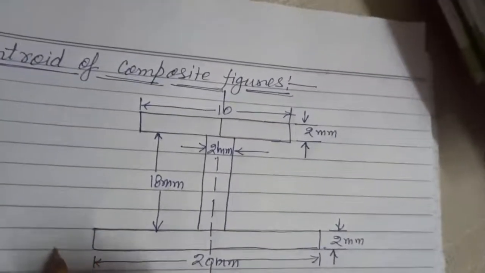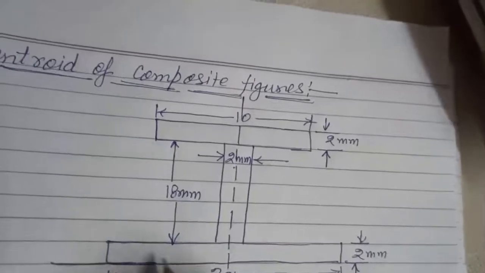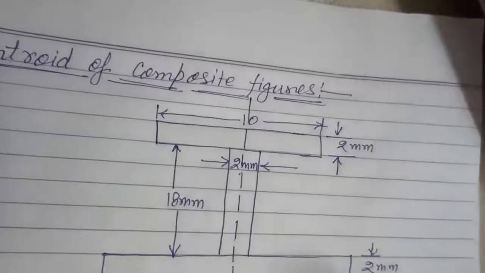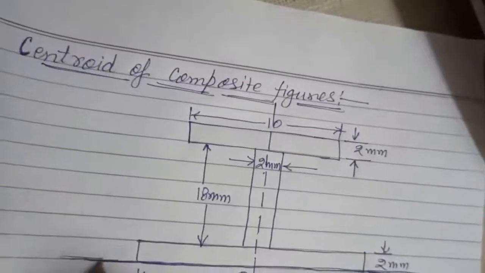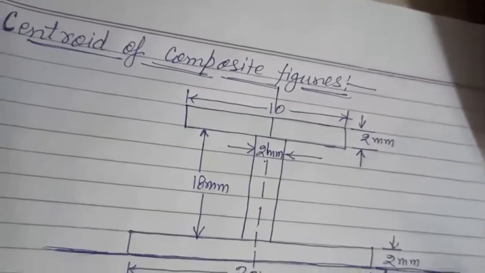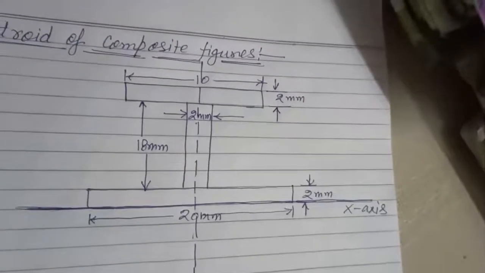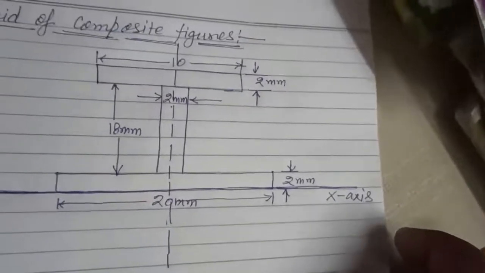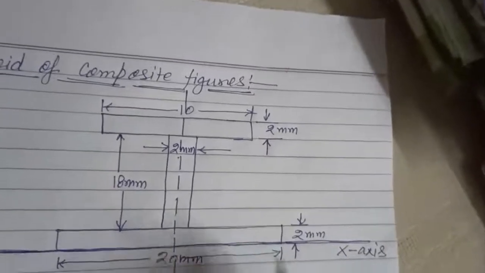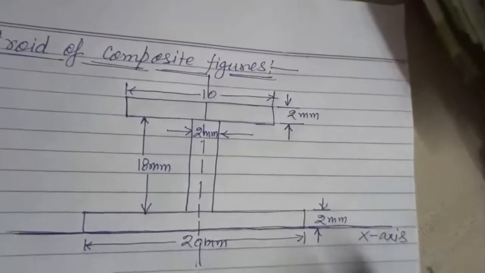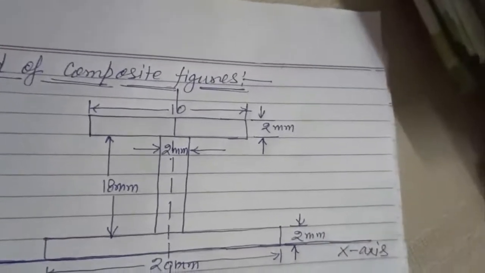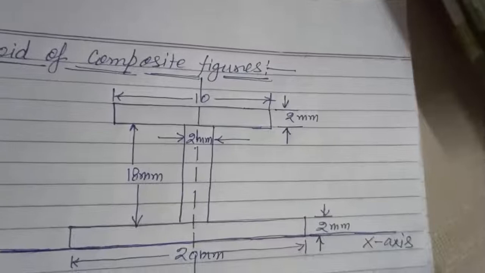Now we have to take another reference line. This is the reference line along the x-axis. Now we have to divide this figure into well-known shapes whose centroids are also well known.